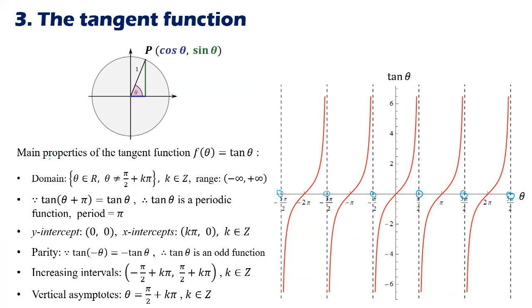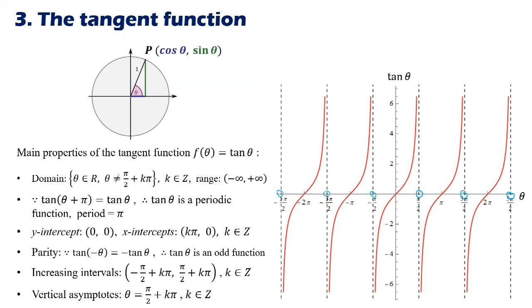Okay, so let's have a look at the main properties of the tangent function. Please remember this pattern for tangent theta. First of all, the domain is theta belongs to R, but theta cannot be half pi plus k pi. Why?